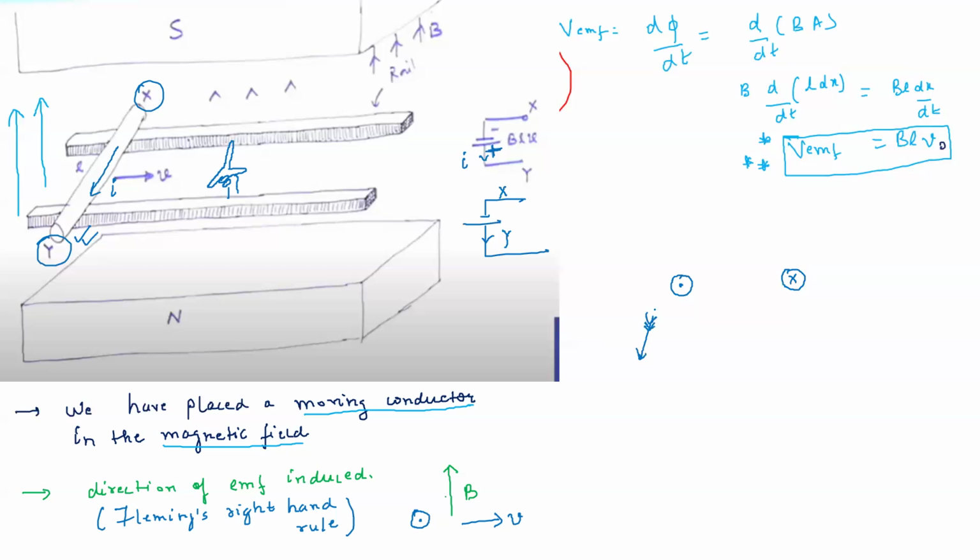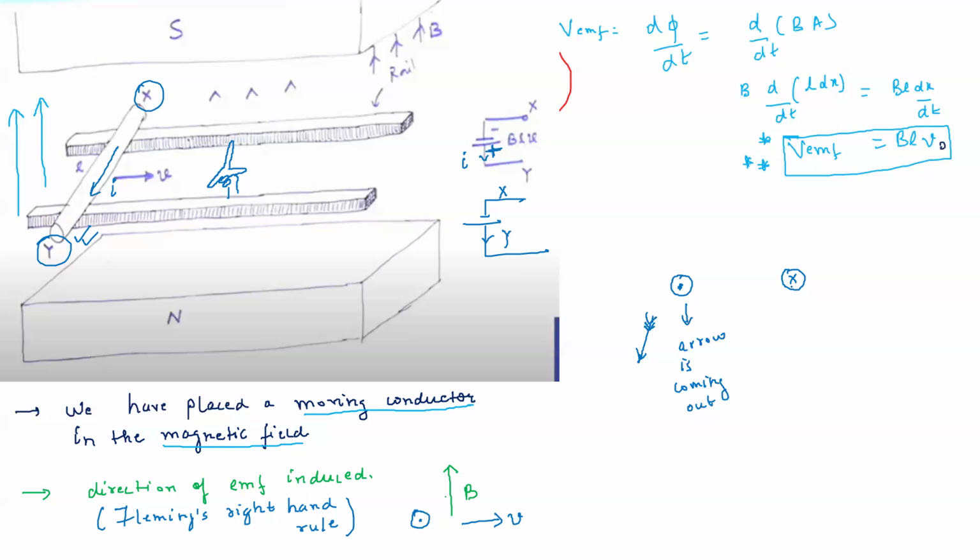From the front you will see the point. So this point means the arrow is coming out. That is why with the dot we notate the tip of the arrow which is coming out, the front point of the arrow.